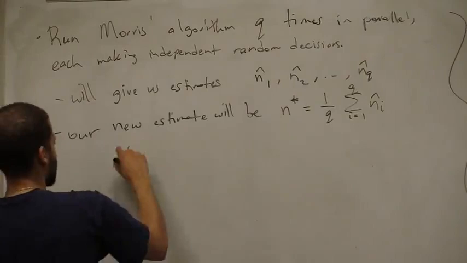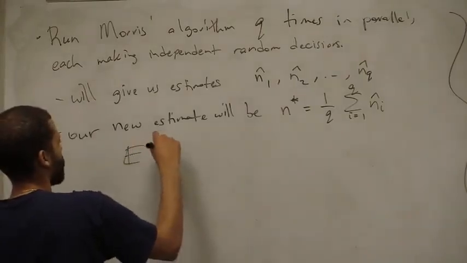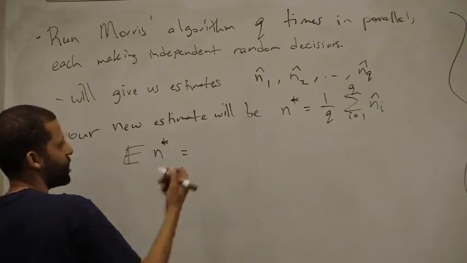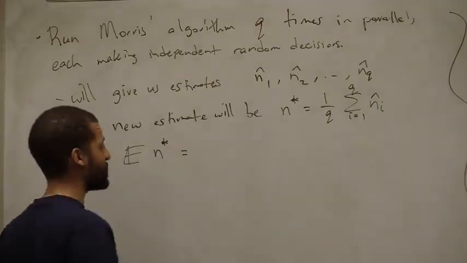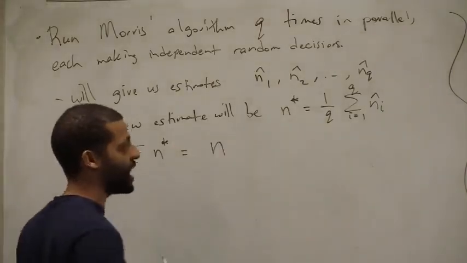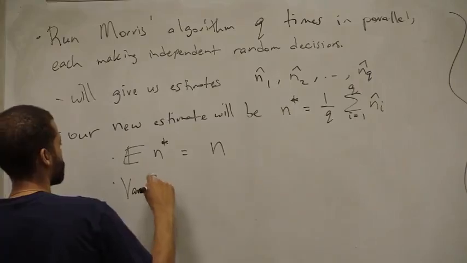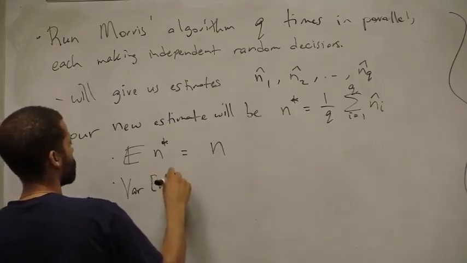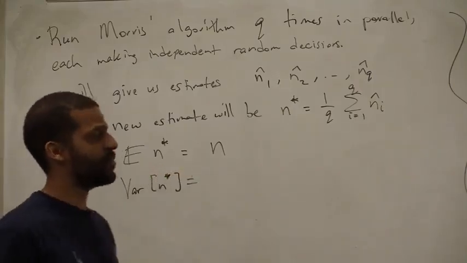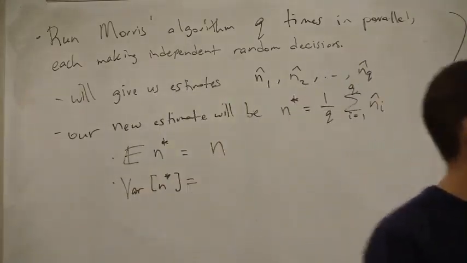Notice that the expectation of n star is still, by linearity of expectation, n. And the variance of n star: because we're running these parallel copies of Morris with independent randomness, the variance of the sum is the sum of the variances.